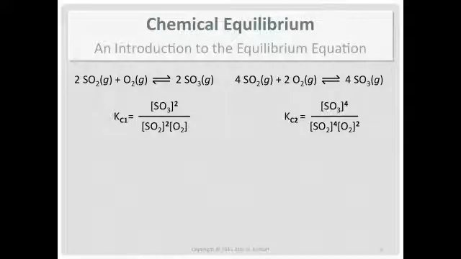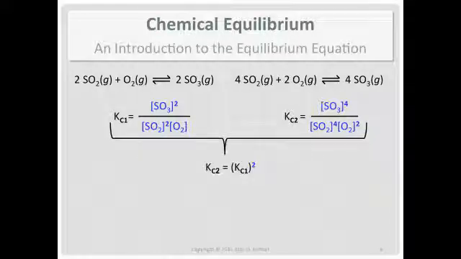It's still products over reactants. So how are these two related to each other? To go from the left to the right, I multiplied the coefficients by 2, but how does that affect the equilibrium constant? Multiply the coefficients by 2, then you square the equilibrium constant.